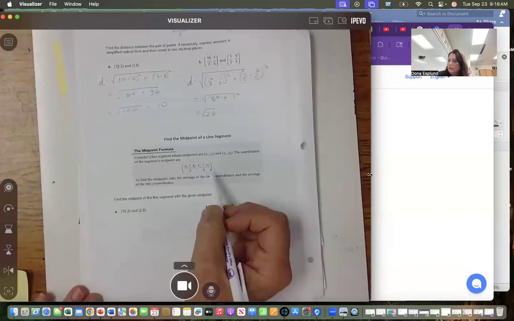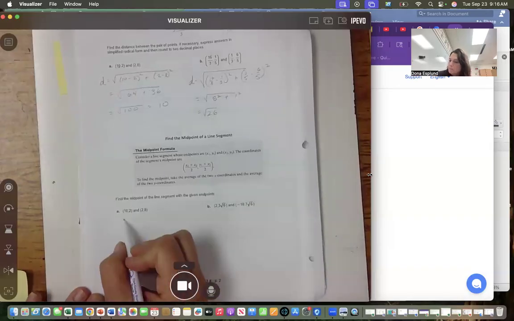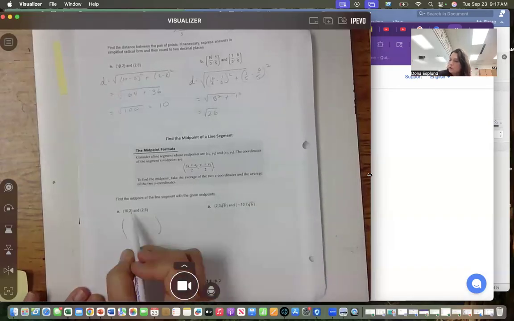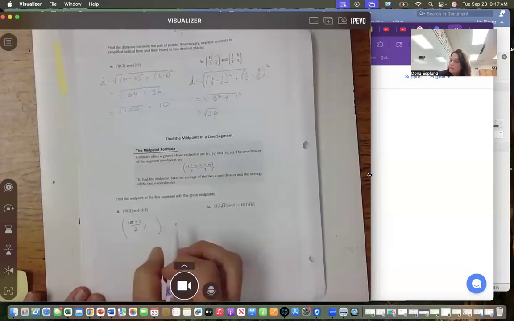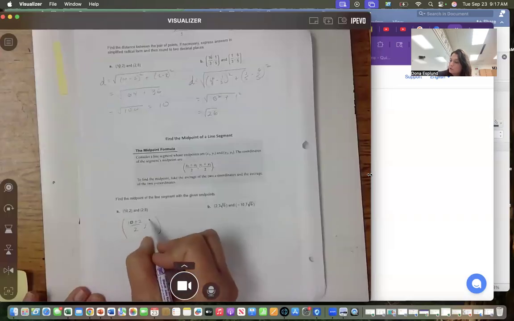But it's written in coordinate form. So my formula is actually in coordinate form. So I'm going to make a big coordinate and add these together. I'm going to have 10 plus 2, divided by 2, comma, because this will be my x value, and then I'm going to have my y value: 2 plus 8 divided by 2.